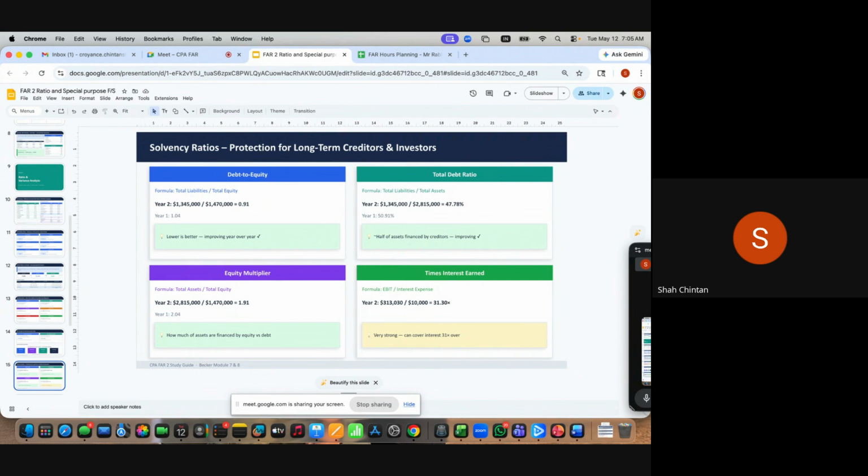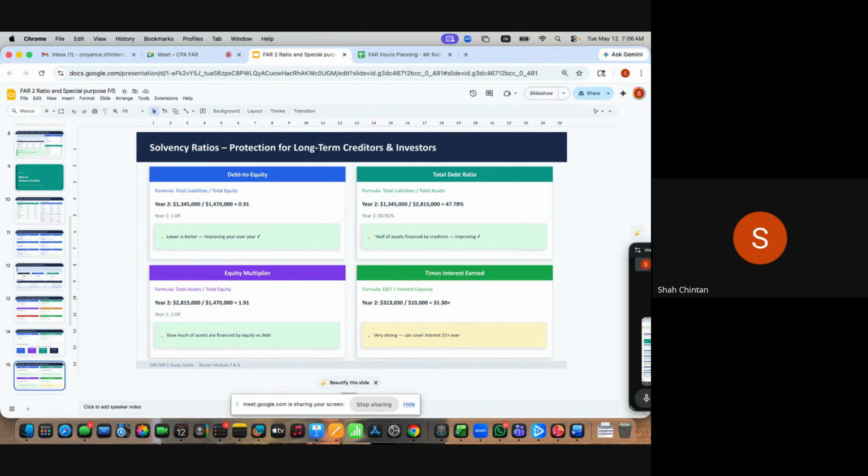For example, you can have huge assets in your balance sheet, but if they are represented by huge liabilities, then the portion of the owner's contribution is pretty less. So even though you have great assets, you may not have great owner's equity. So the solvency ratio basically measures how solvent the company is for its investors, long-term debtors and creditors in the event of liquidation.